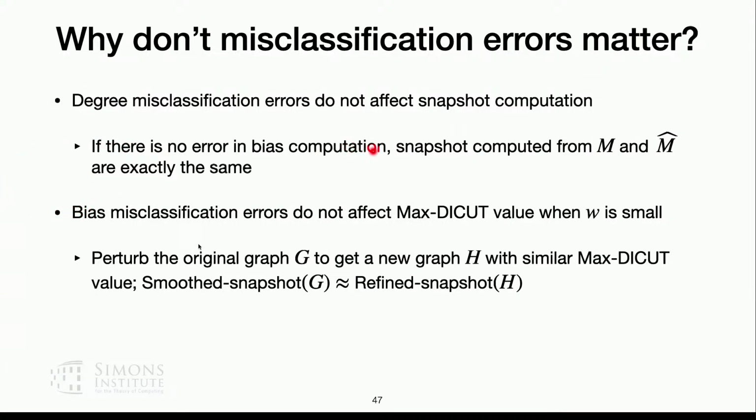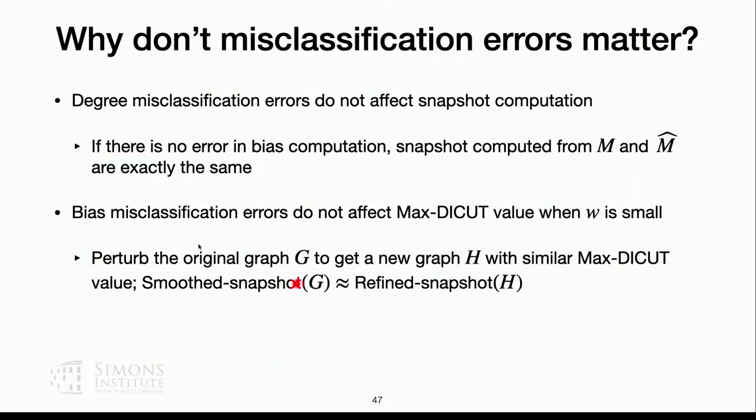So a vertex can be thought of as perturbed, in the sense that instead of seeing it as a bias B vertex, you look at it as a bias B plus or minus epsilon vertex. Now, the idea is that you are able to perturb the original graph G to get a new graph H with similar DICUT value, such that the smooth snapshot of G corresponds to a refined snapshot of this new graph H.